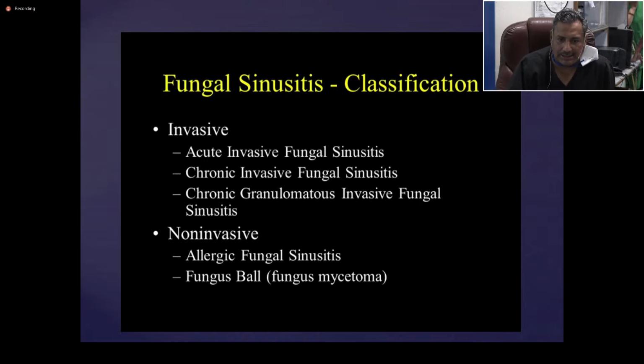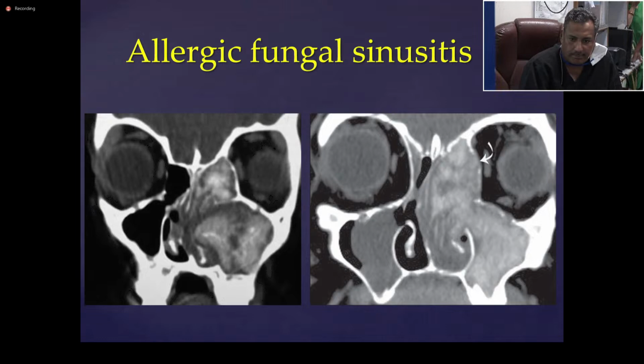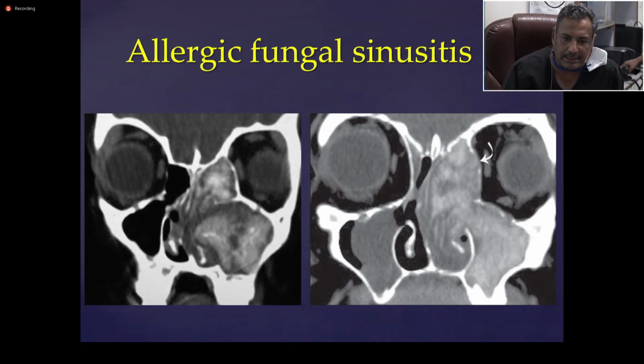The second variety, very important in clinical practice, is allergic fungal rhinosinusitis. See this. This is the classical picture of allergic fungal sinusitis, which is found usually in younger patients, mostly unilateral, and there are characteristic heterogeneous hyperdensities in the paranasal sinuses.